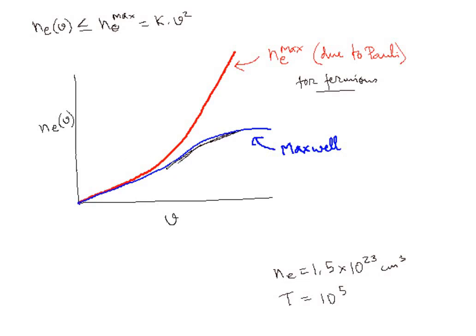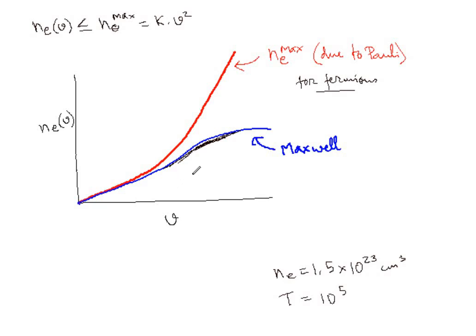What we observe is that for these values, there are no more electrons with a given velocity per centimeter cube than what is permitted by Pauli's exclusion principle.